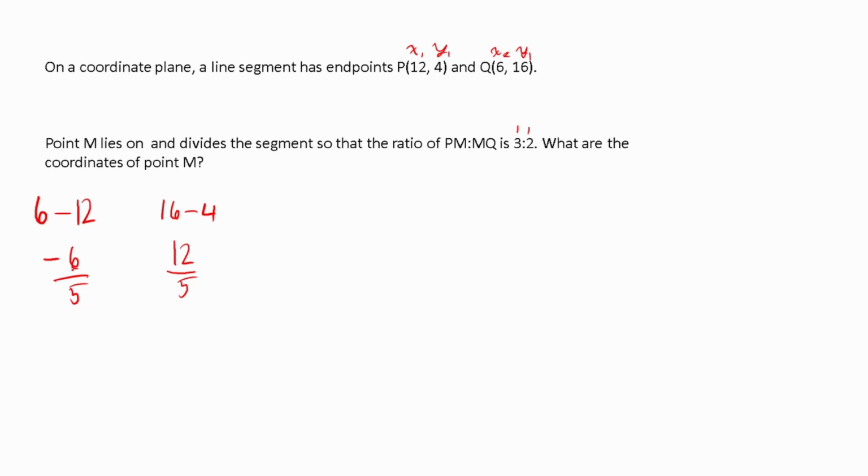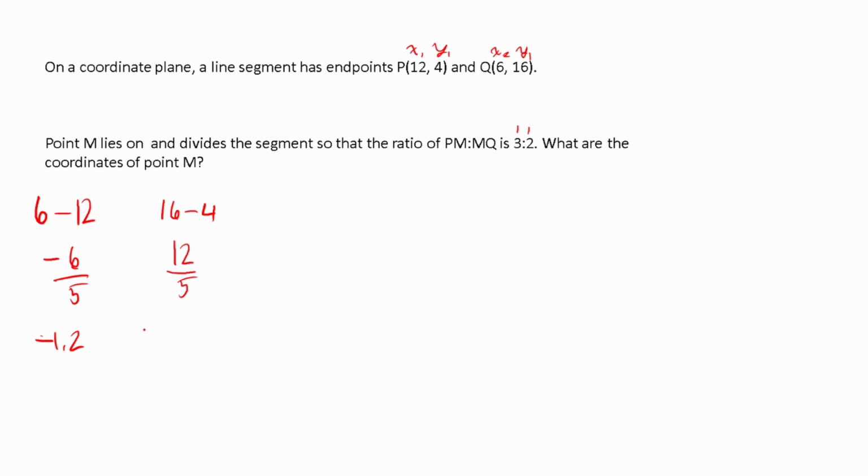And -6 divided by 5 is going to give me -1.2. Whoops, sorry about that. -1.2. And then 12 divided by 5 is going to be about 2.4.